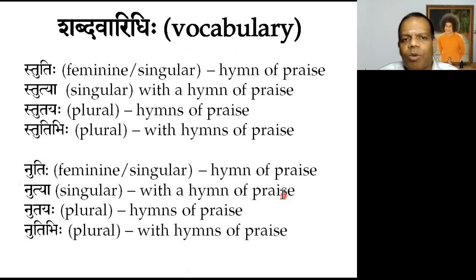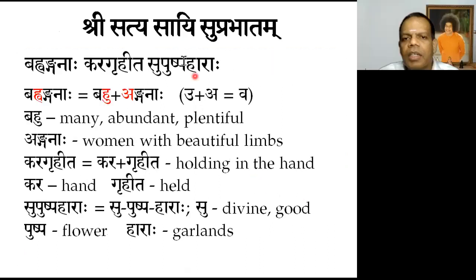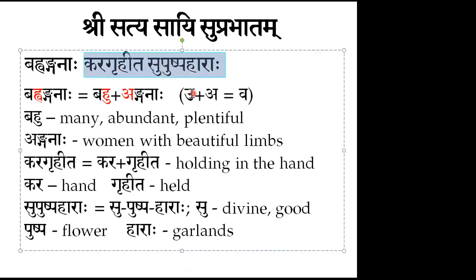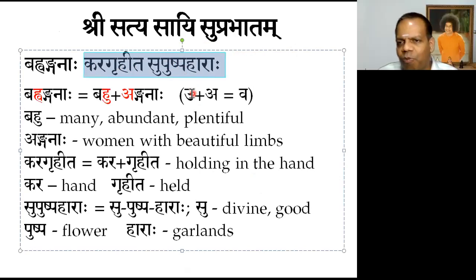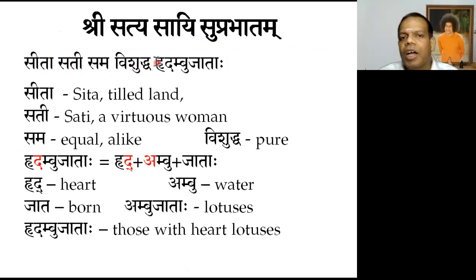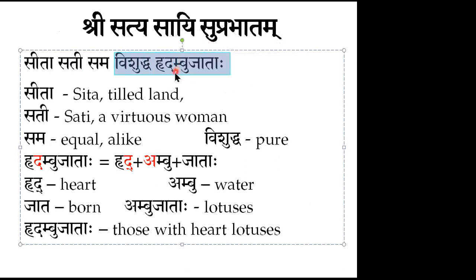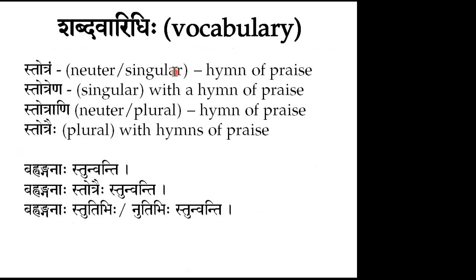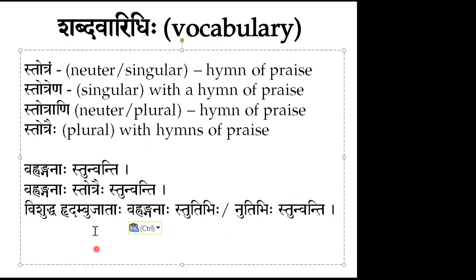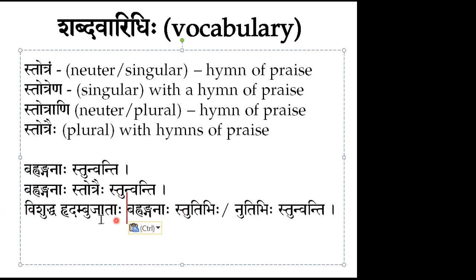But then everything else goes. Who are these Bhakvangana? You can say Karagrihita Supushpahara, they're holding lots of garlands in their hands. Or you can say Hridambujata, Vishuddha Hridambujata. So that becomes an adjective. So we can put the words Vishuddha Hridambujata Bhakvangana Stutibhi Stunvanti.